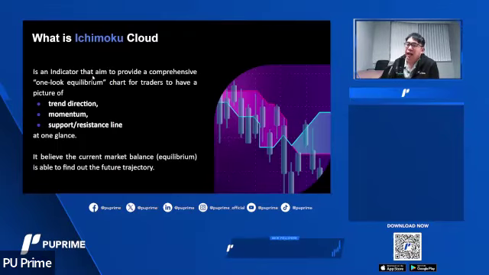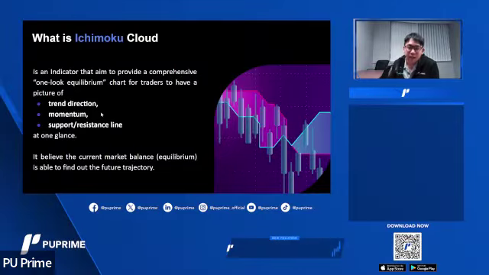Now, this is what I really want to share with you guys, the Ichimoku Cloud. This is a one-stop solution for most traders. With the help of the Ichimoku Cloud, you can understand the trend direction, and at the same time know the current momentum, whether or not this trend is strong or weak.